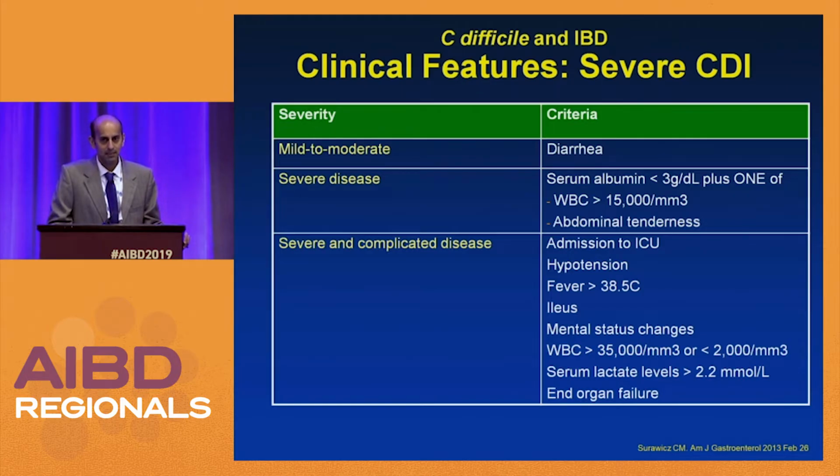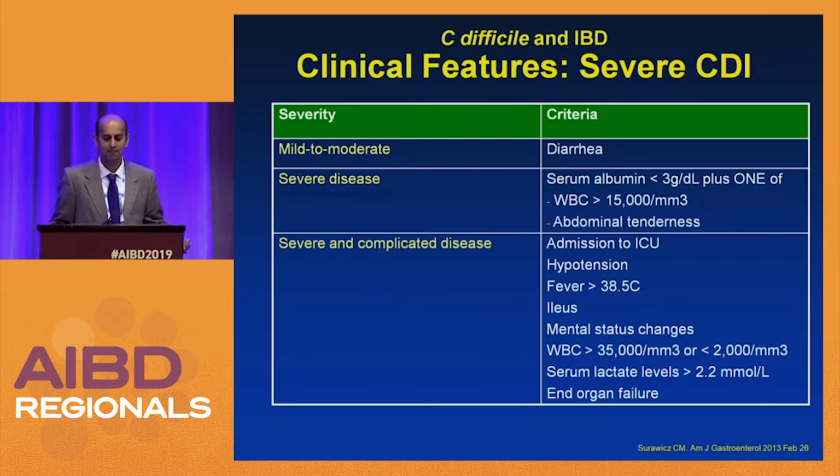Typically, when we manage C. diff infection, we try to stratify patients by their severity, and I have here the list of features that define the various severity strata based on the ACG guidelines for managing C. diff infection. So mild to moderate, where they present with just diarrhea.